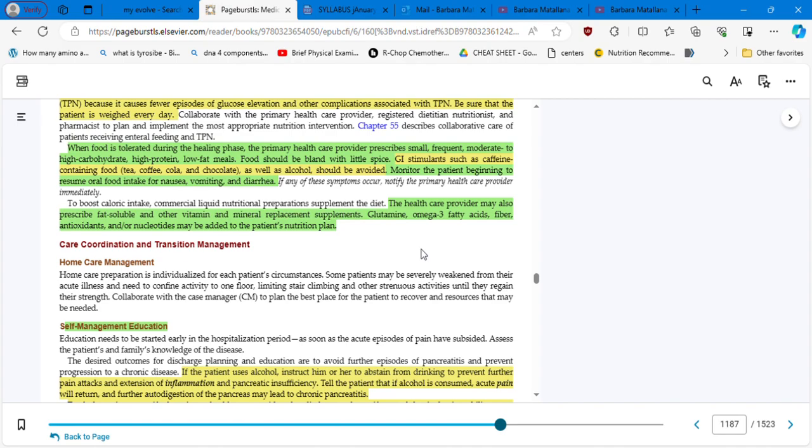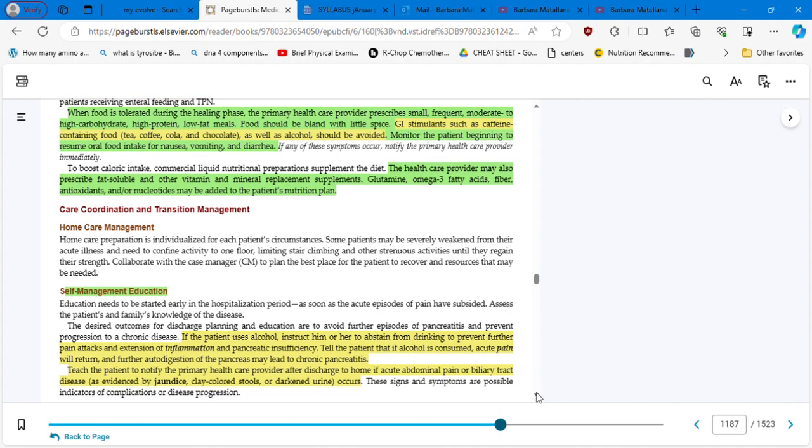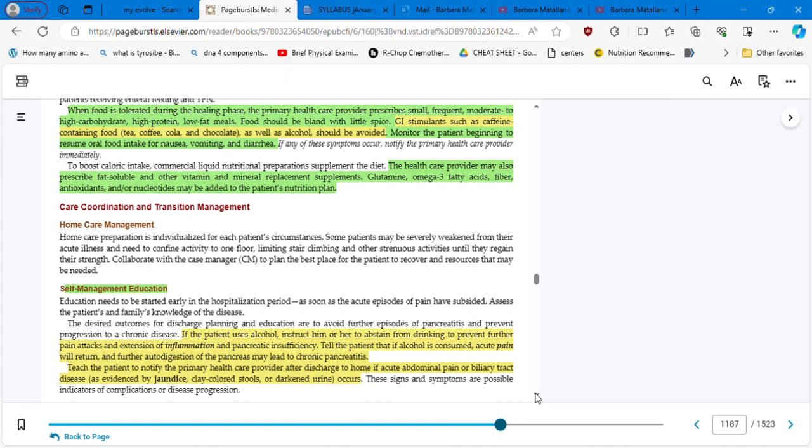And then you keep monitoring the patient so the transition to normal food can be done. And of course, you're going to assess for vomiting, diarrhea, nausea. The healthcare provider may also prescribe fat-soluble and other vitamin and mineral replacement, glutamine, omega-3 fatty acids, fiber, antioxidants, and/or nucleotides may be added to the patient's nutrition plan.